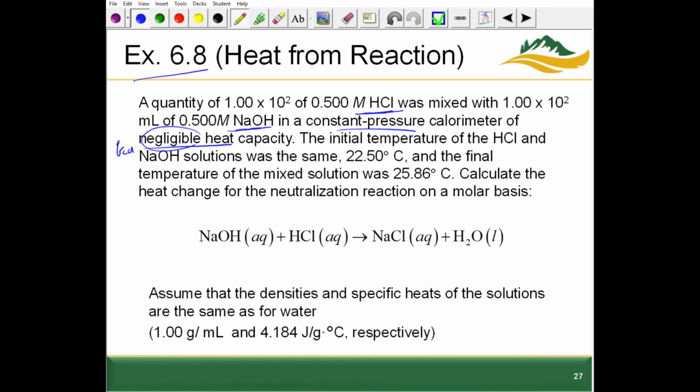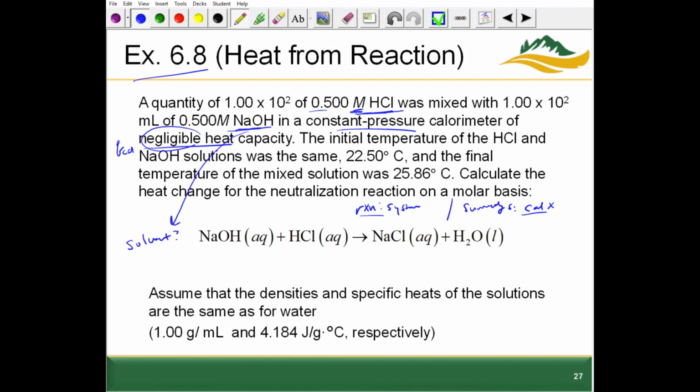That means we're only going to care about our reaction as our system, and our surroundings are not going to include the calorimeter. It's going to include likely an aqueous solution that this reaction is taking place in. So this is taking place in a certain molarity of hydrochloric acid with a certain molarity of sodium hydroxide. That means our solvent here is what?